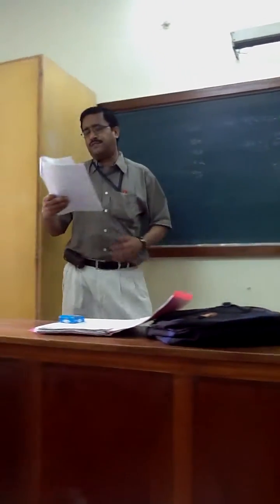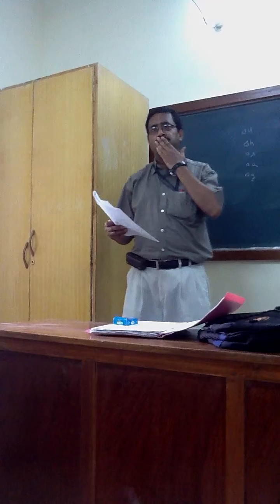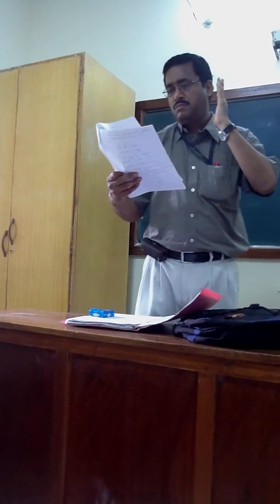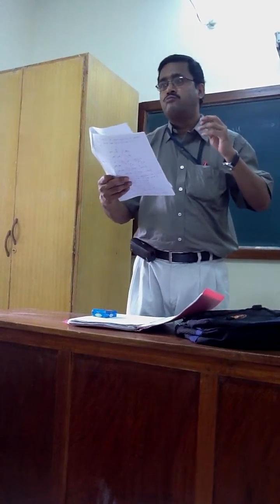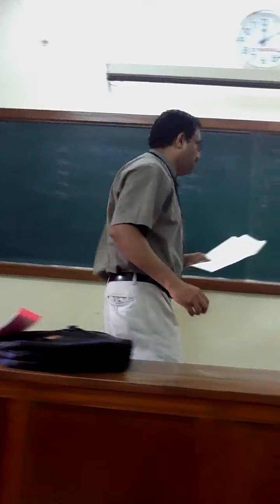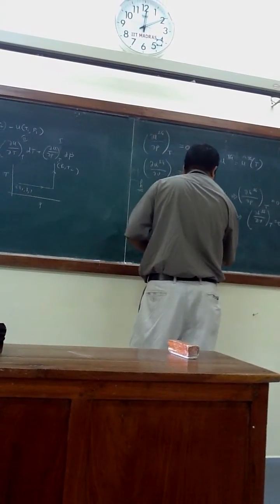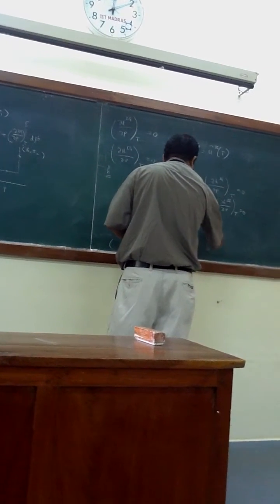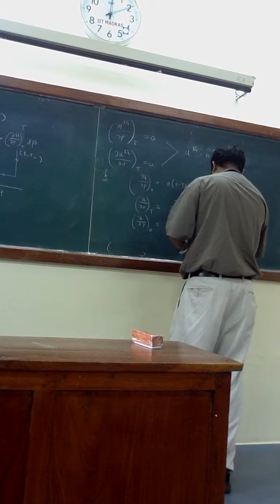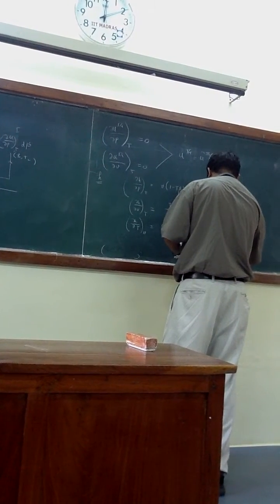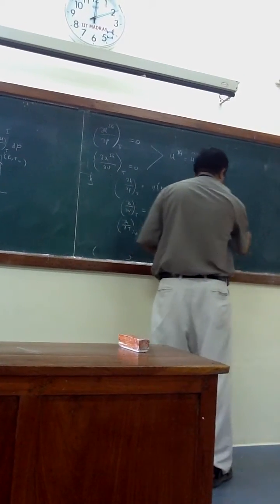Dou H by dou T at fixed V is Cv plus V beta by kappa, which for ideal gas equals Cp.